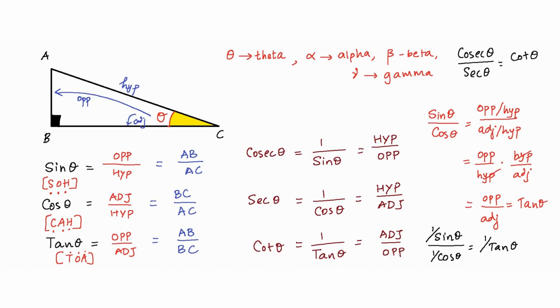So these are two important relations that we can conclude. One is cosec upon sec is equal to cot theta. That's one important relation. And the other important relation is sine theta divided by cos theta is nothing but tan theta.